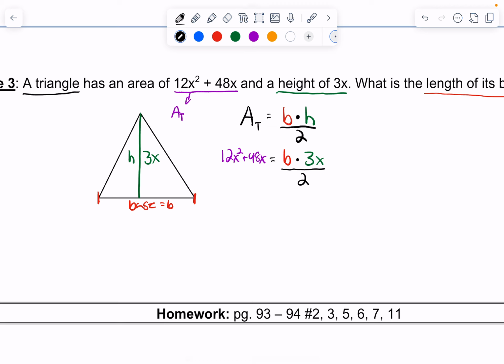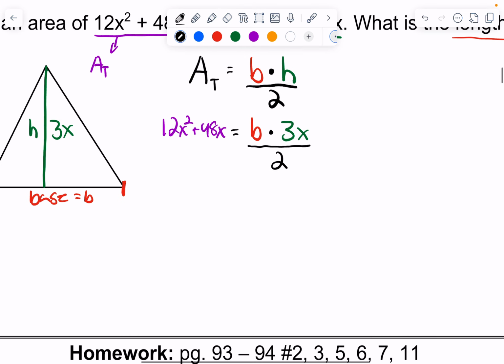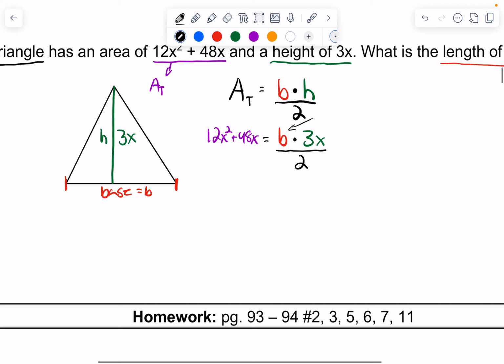So let's rearrange this expression and solve for the base. We need to follow the rules of SAMDEB, okay? So we need to get rid of this 2 first on the bottom. So we multiply both sides of the expression by 2.